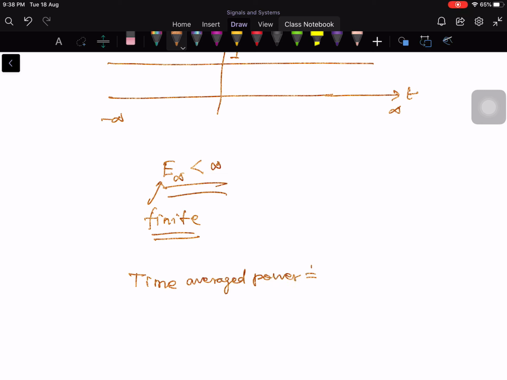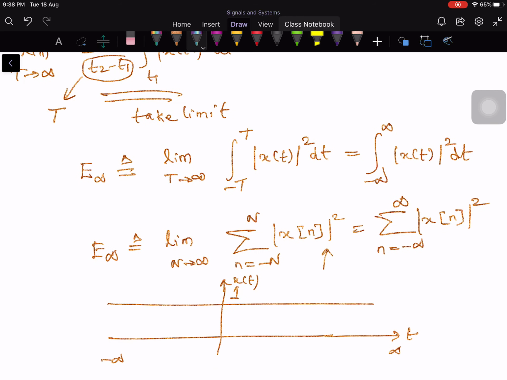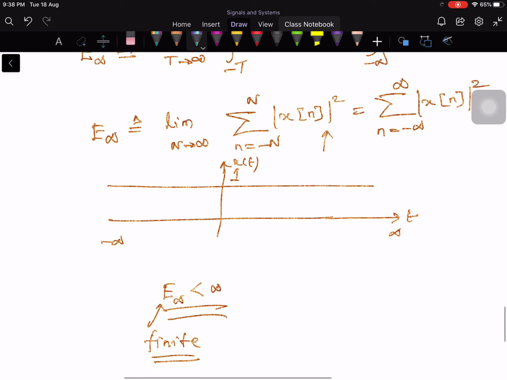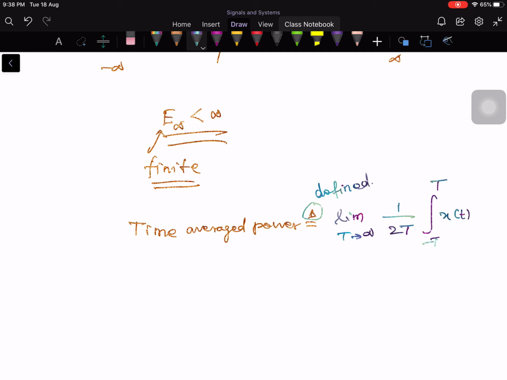That is defined as, by the way, I forgot to tell you, this triangle indicates defined as. And here this triangle also indicates defined as. It's a definition, that's all. So limit T goes to infinity of 1 over 2T, integral from minus T to plus T, take modulus squared and dt.